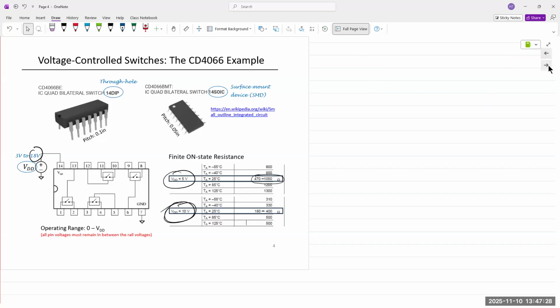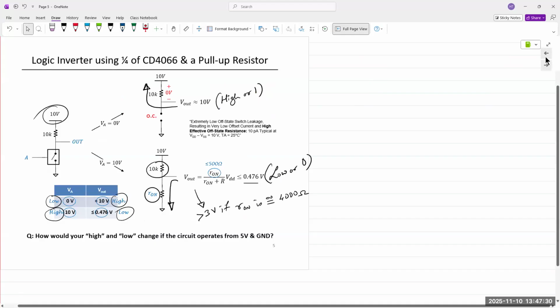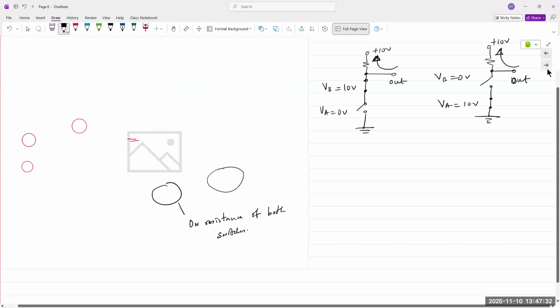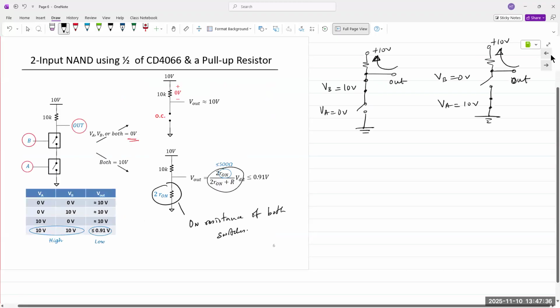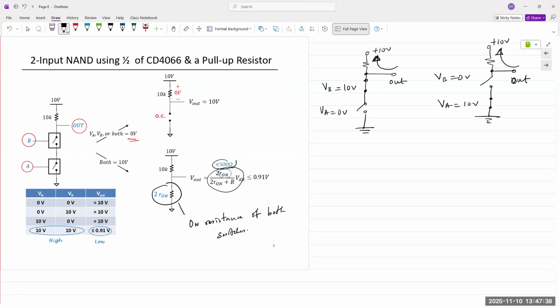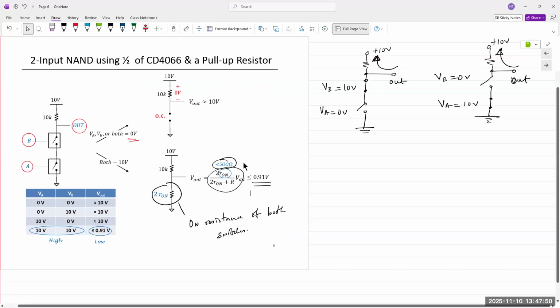So if you pick the highest, which is 400 ohms, right here, then we get an approximate output voltage of 0.9 volts. Okay, 0.9 volts. Because it creates a voltage divider network with a 10 kilo ohm resistor.